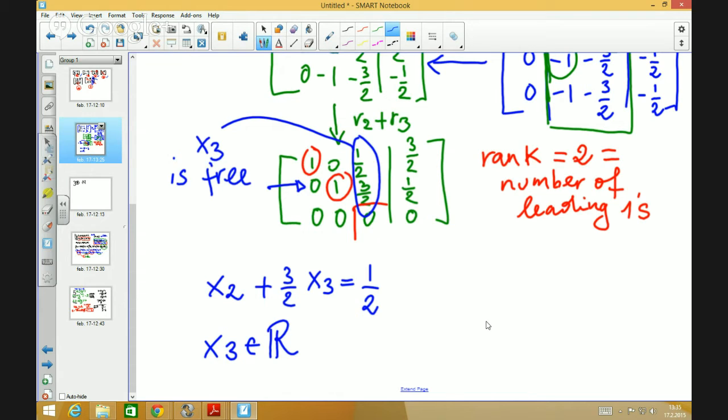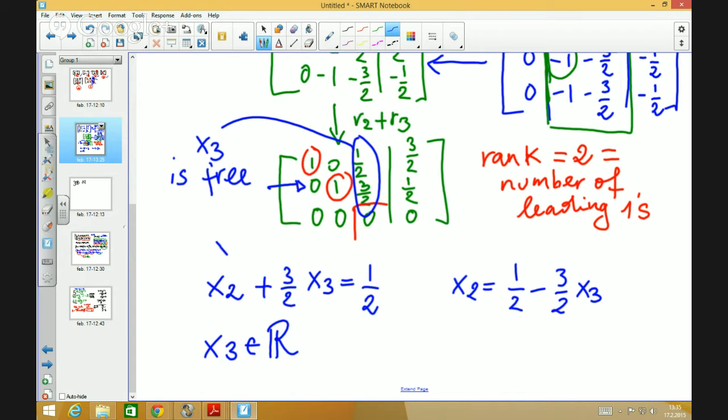So in other words, x2 is equal to 1/2 minus 3.5 x3. So you can see that the value of x2 is a function of x3. Give me a value for x3, and I'll give you the corresponding value for x2 in the solution where x3 takes that value.